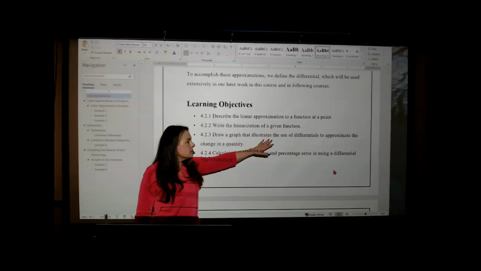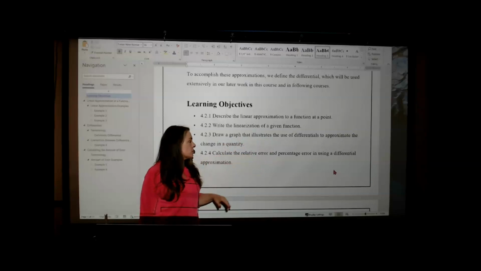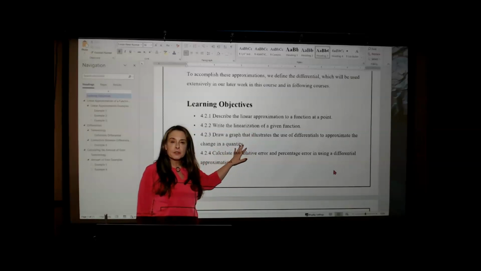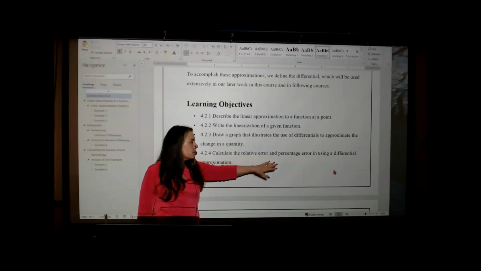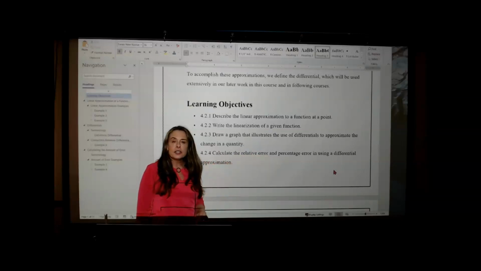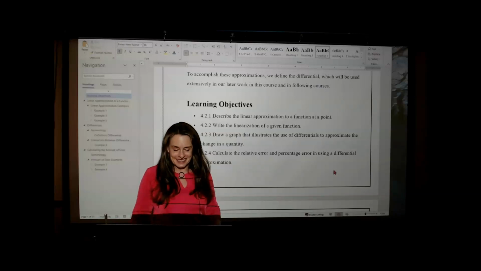Draw a graph that illustrates the use of differentials to approximate the change in a quantity. This is where we define the difference between dx and dy. Then we're going to use the definitions for relative error and percentage error in using the differential to approximate a value on a function. Let me share my screen so we can get started.